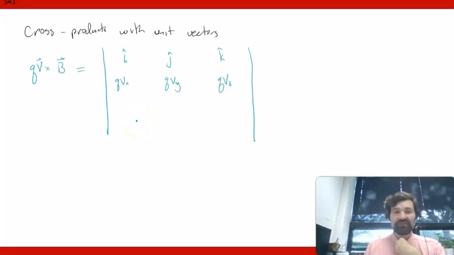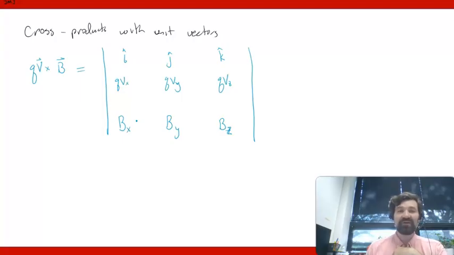Another reminder with cross products, you can do them using unit vectors. One way to do that with the unit vectors is to set up a matrix and find the determinant. And basically your matrix for whose determinant you are finding will look like this matrix that I've drawn here, where you have i hat, j hat, k hat in the top row.